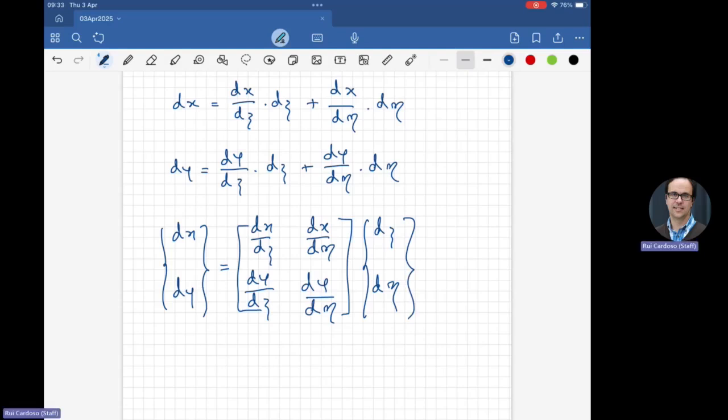Okay, so what does this allow me to do? If there is an increment, or a variation, in my xi and eta parametric coordinates, and I multiply that variation by this matrix, which is the Jacobian, then I can get the variation in the physical domain.